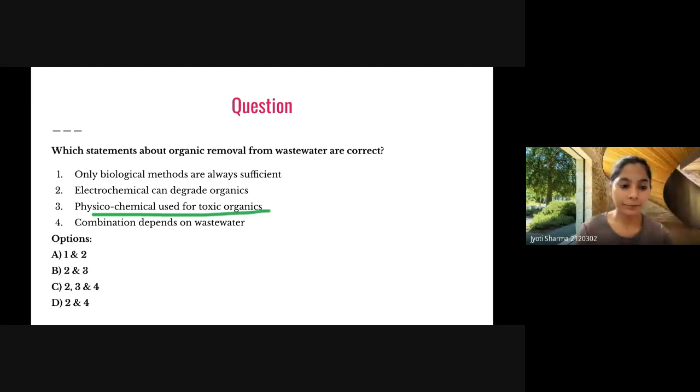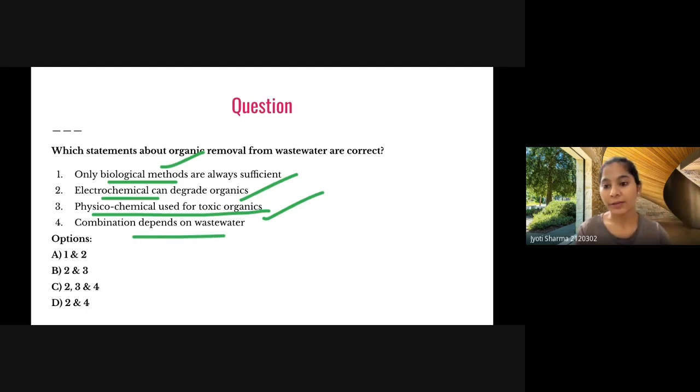Because biological methods we can follow, electrochemical methods yes we can follow, physiochemical methods can also be followed for organic removal, and which combination of methods we use will depend on what type of wastewater we have, right? So these four options are correct, right? So the most appropriate will be 2, 3 and 4. So that's why the answer should be C but not D, because all these statements are right.